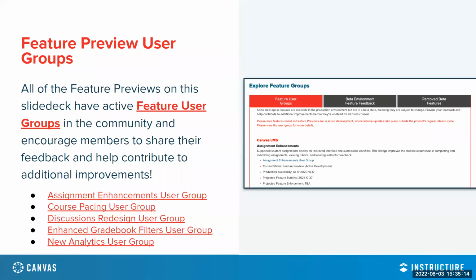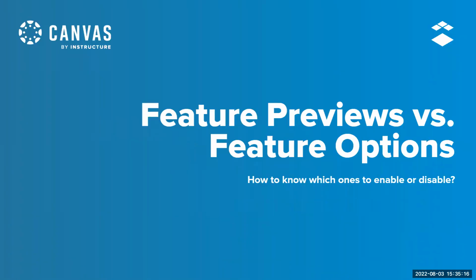Perfect, thank you. So on the slide, you can see that it says feature previews versus feature options. And I know many of you may be wondering what the difference between these two are. Essentially, when releasing larger features, we at Instructure typically allow institutions to have complete flexibility in how and when they enable this new functionality, according to their preferred time frame, via what we call a feature option.